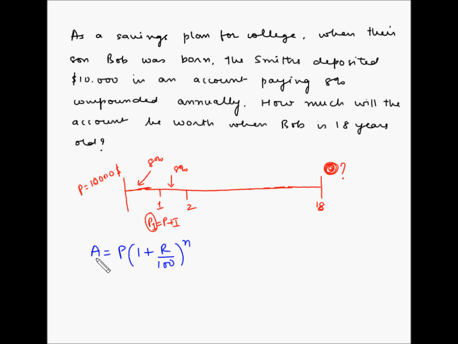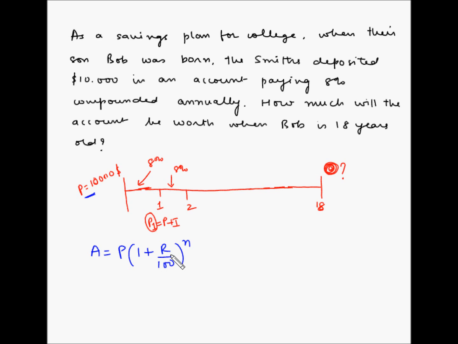Now A is the amount which is obtained at the end of the tenure, which is 18 years, and this amount includes the principal which was deposited plus the total interest accrued during these 18 years. P is the principal amount, which is $10,000 in this case.